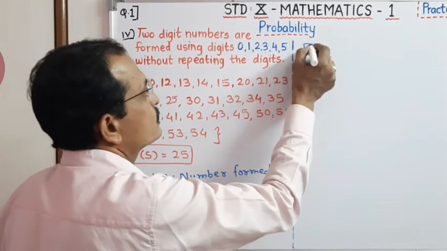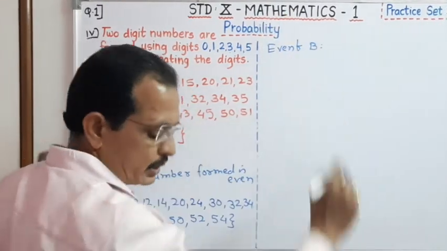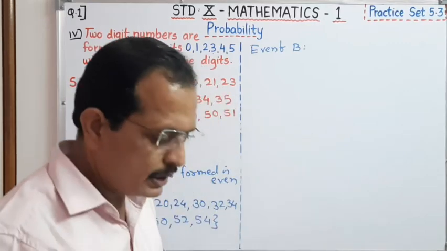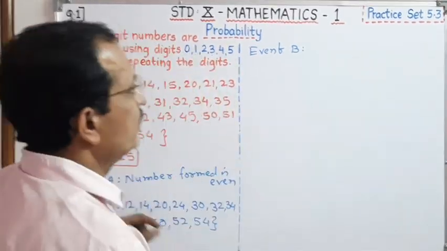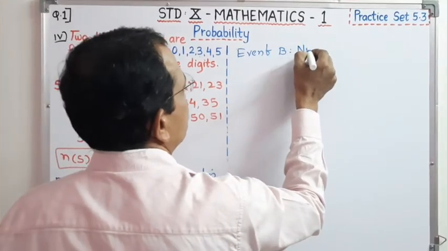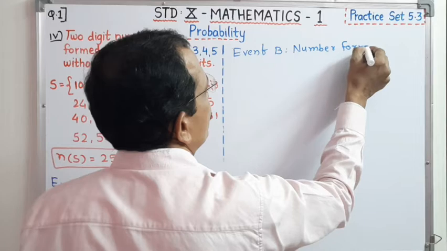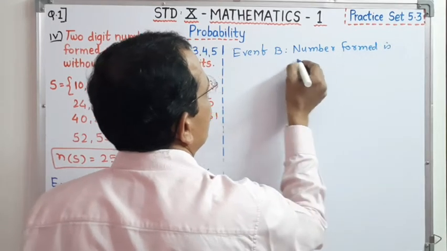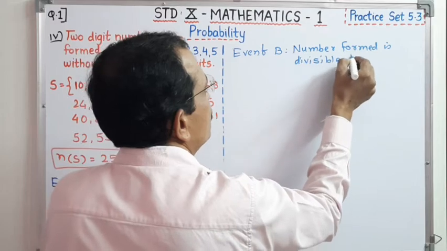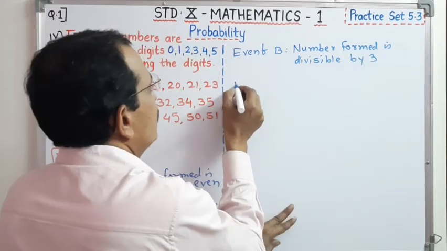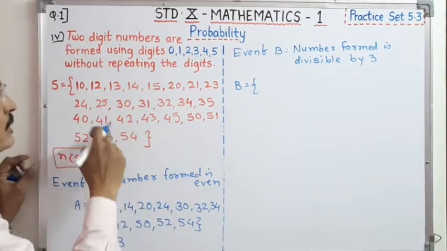Now we have to start with event B. Now what is the event B? B is the event: the number formed is divisible by 3. Now we have to select the numbers which are divisible by 3.